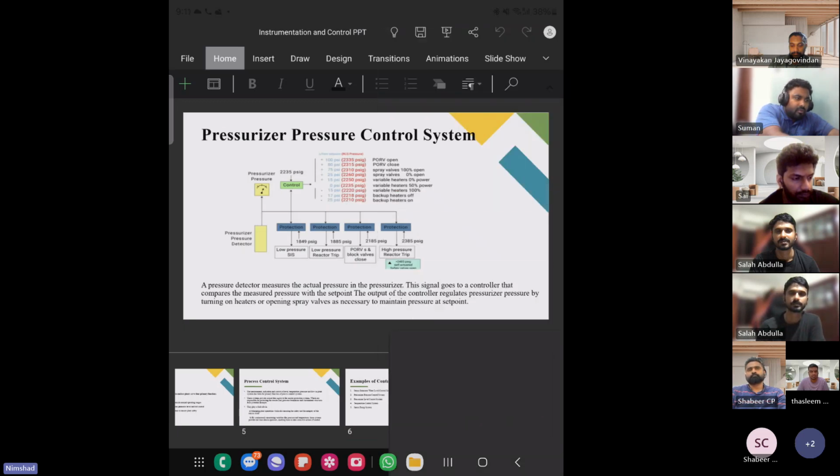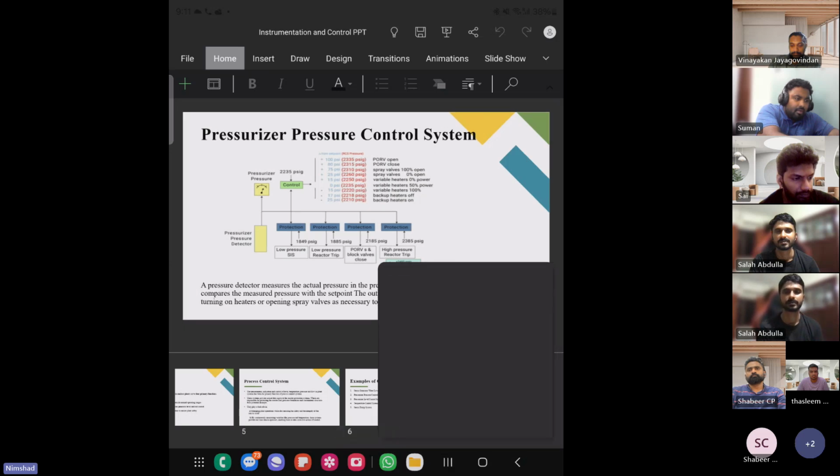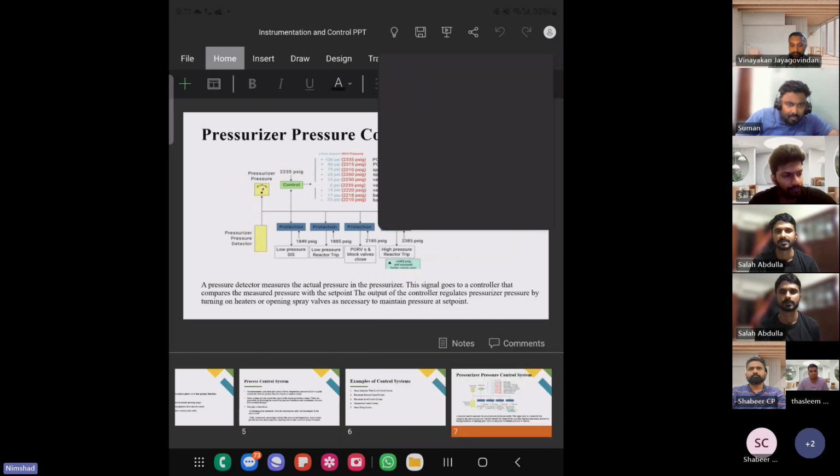So you can see the diagram. Here, there is a pressurizer pressure detector. This pressurizer pressure detector measures the actual pressure in the pressurizer. After that, this signal goes to the controller, which will compare the measured pressure with the set point.